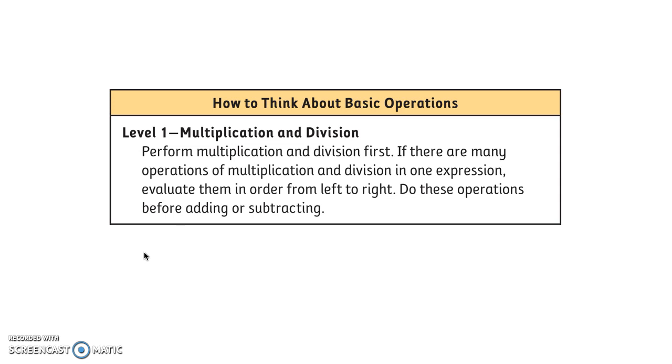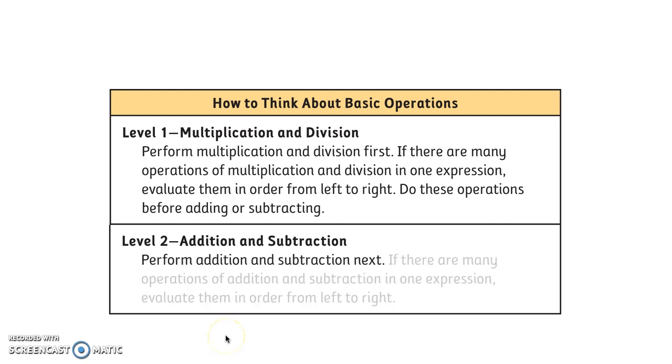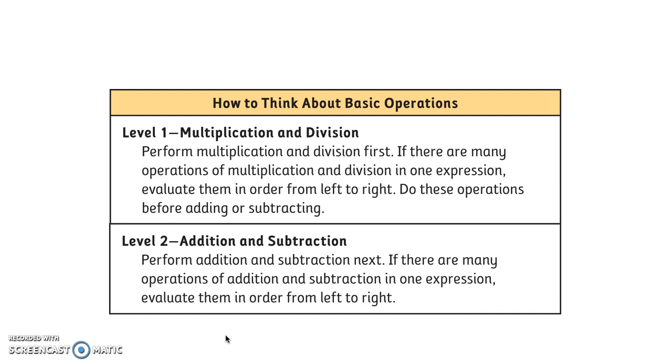This is your first step. Level 2. After all multiplication and division are finished, you can go on to addition and subtraction. If there are many operations of addition and subtraction in one expression, evaluate them in order from left to right.